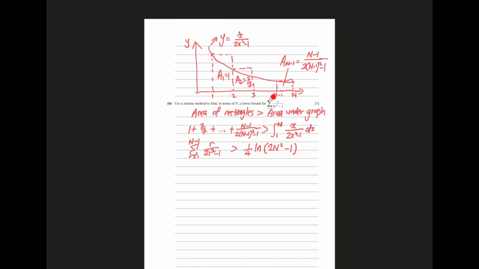You see, this is until n, right? This is until n minus 1 only. So what is the n term? We have to know this is u_r, the general term, r over 2r squared minus 1. So the n term is going to be n over 2n squared minus 1. Okay, so this term is missing.